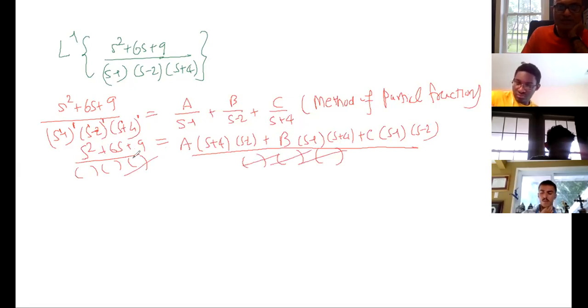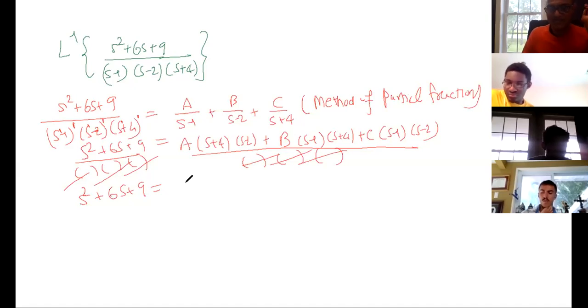All these common denominators will get cancelled out, and we are getting s squared plus 6s plus 9 equal to this. Now I want to arrange this right hand side in the descending order of s. Let me first take the product over here, then I will write it in the descending power of s.